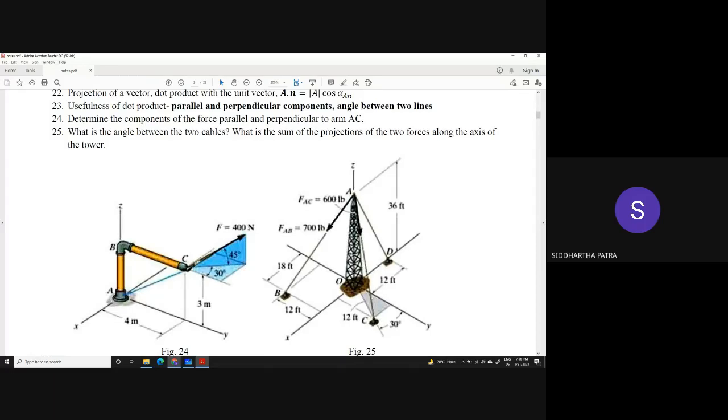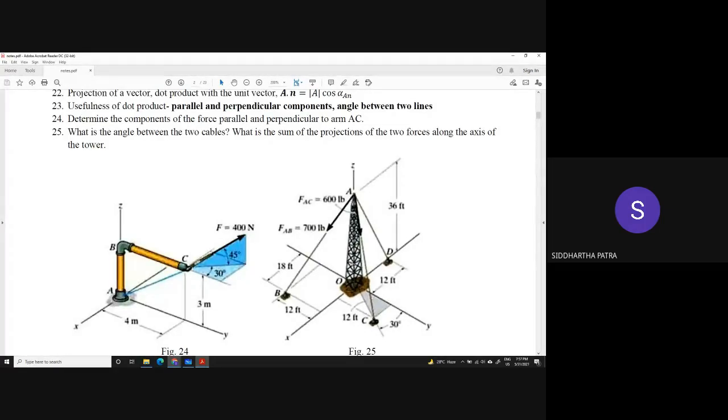And number two, you are being asked to find the projection of the two forces along the axis of the tower. Now the second part can be done in two ways.